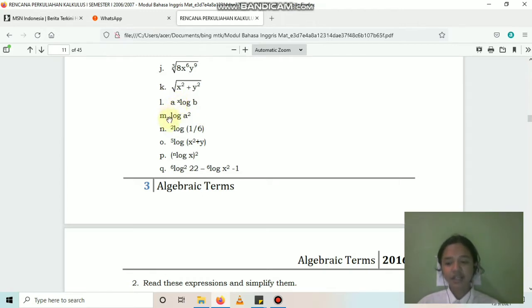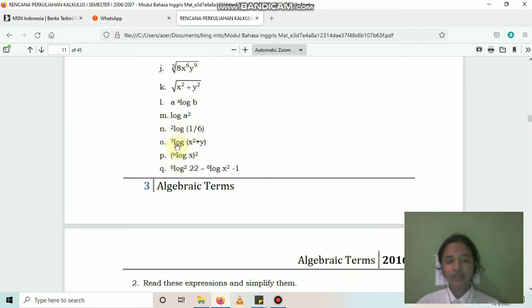Next, log a squared to the base of 10. Next, log 1/6 to the base of 2.